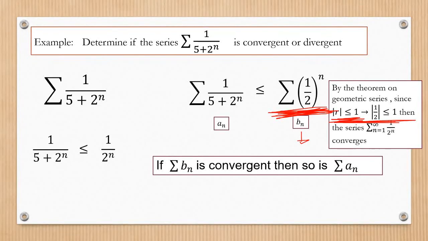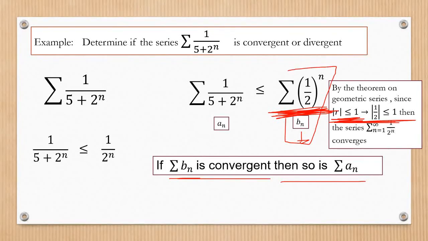And then, based on the definition of a comparison test, based on the given condition in the comparison test, if the series bn is convergent, and so is the series an. Again, we have proven that bn is convergent.